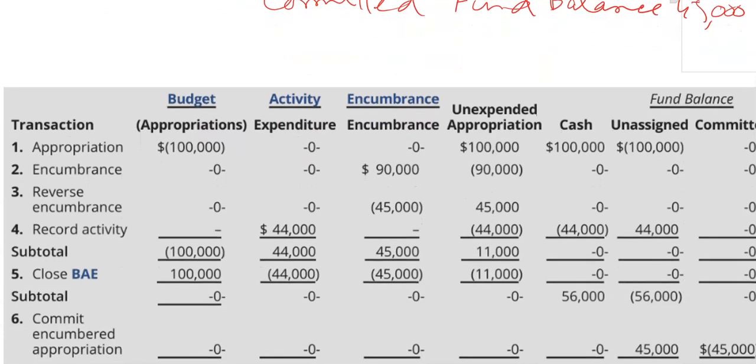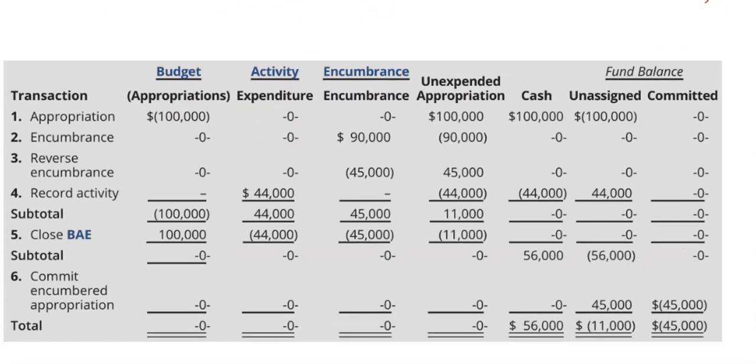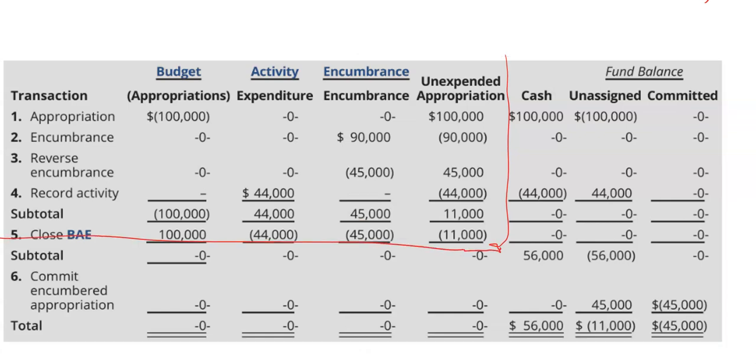So now here, the table will look like this. This part of the table, you already have seen it in our previous table, right. Now this part is showing some extra columns to show you the fund balance.